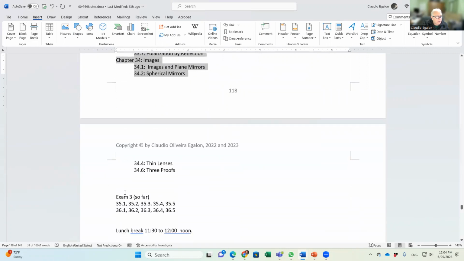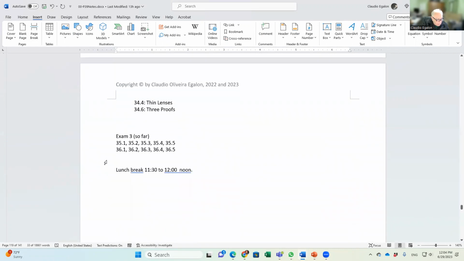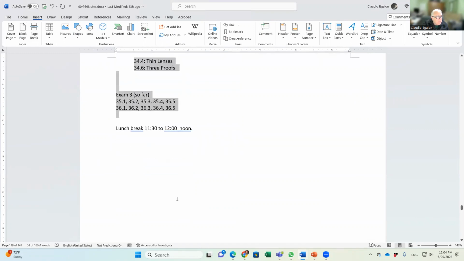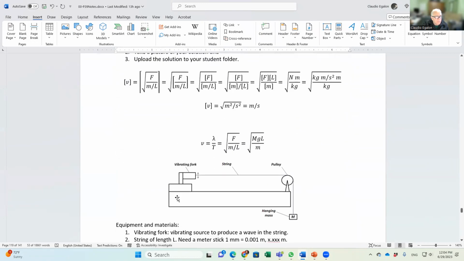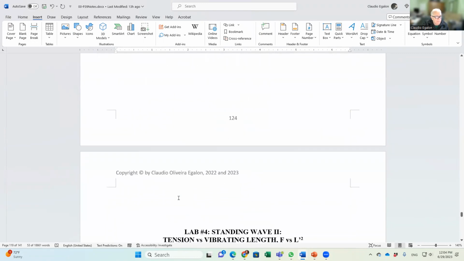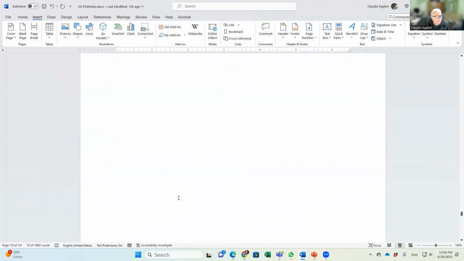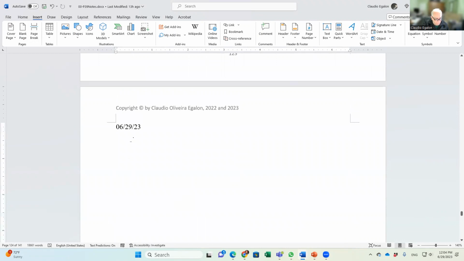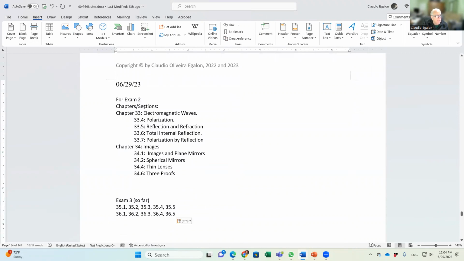I'm going to highlight exam 2 here. And let's also review what we have in exam 3, so far. Exam 2 today. Those are the sections of exam 2. And so far we have those sections here.